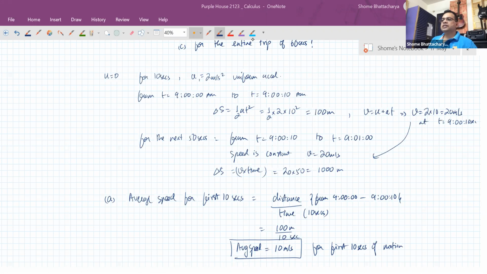Okay, so understood now, there's a difference between the speed at the end of 10 seconds, which is 20 meters per second, versus the average speed.